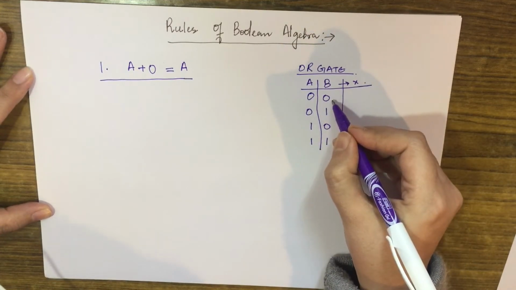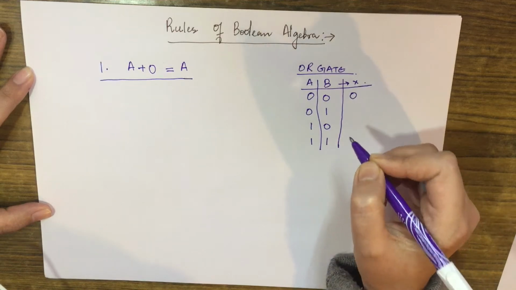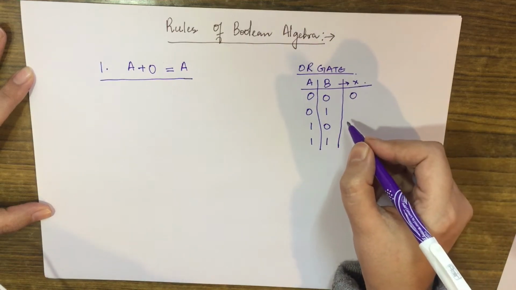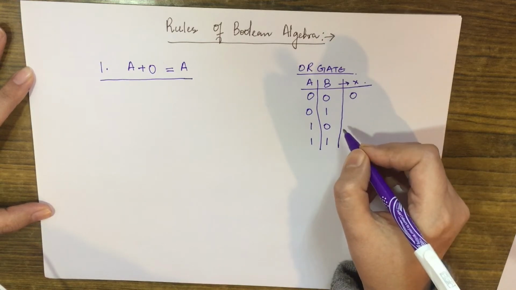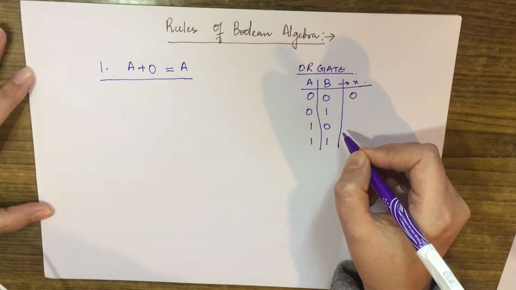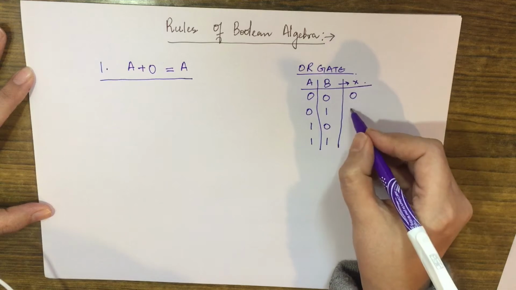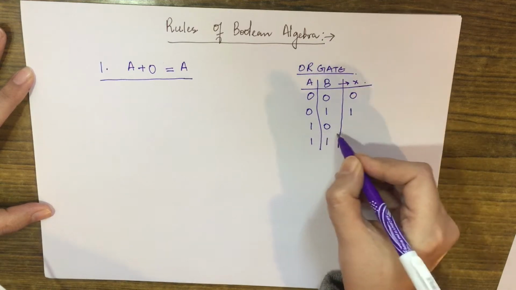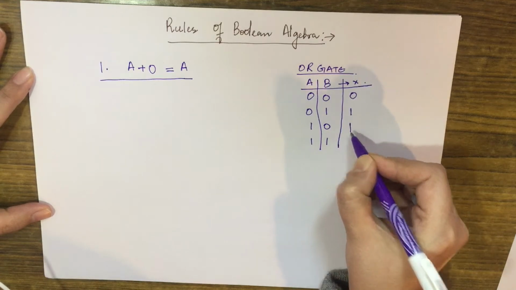So 0 0 in an OR gate will be equal to 0, because the output of an OR gate will always be high whenever one of the bits in the input is high. Otherwise it will be low, that means 0. Here also we have one bit as high, so it will be 1. Here also one bit is high, A is 1 and B is 0, so the output will be 1.